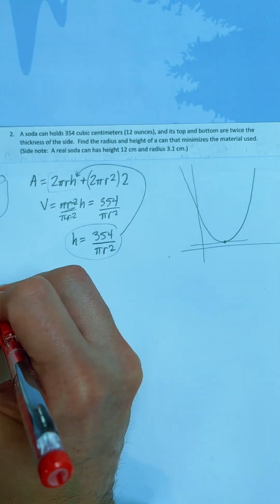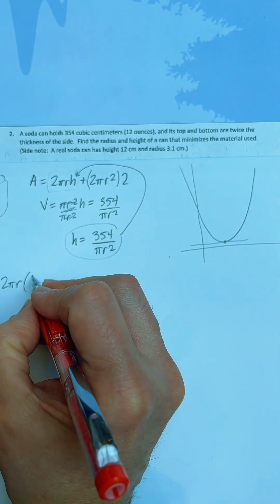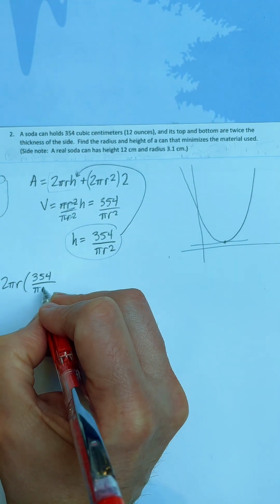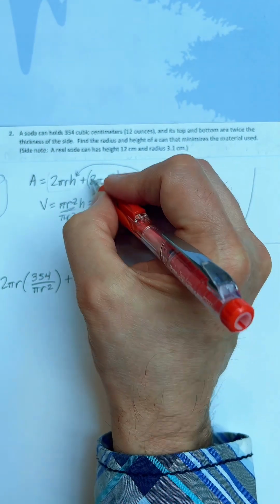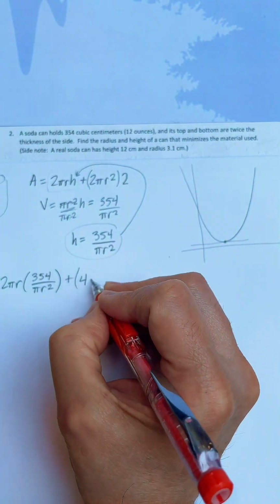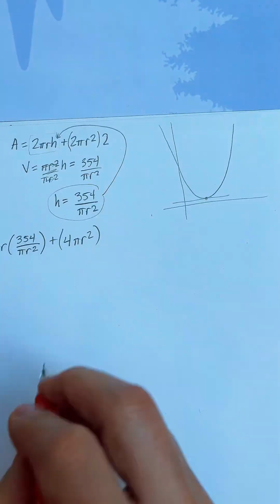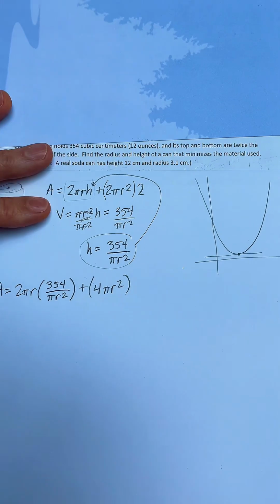So area equals 2 pi r, and now let's put h in, 354 over pi r squared, plus, now let's go ahead and multiply this to make 4 pi r squared. Don't necessarily need the parentheses. I'll get rid of that in the next step. But let's keep this set up.